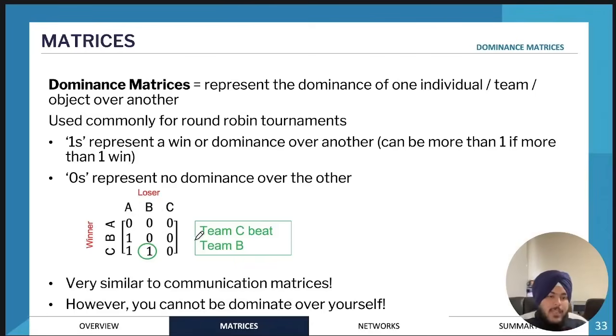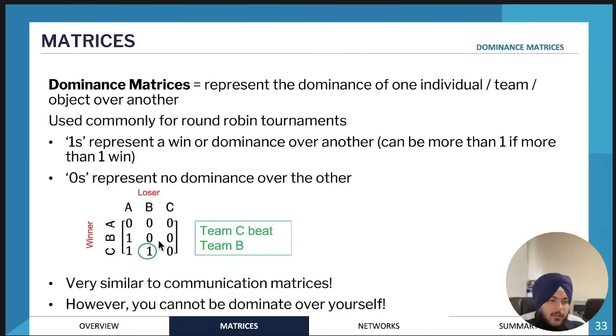So the way that we sort of interpret this is, if we have a 1 here, what that means is that if Team C was versing Team B, Team C is going to be the winner, and Team B is going to be the loser. So that's the dominance.